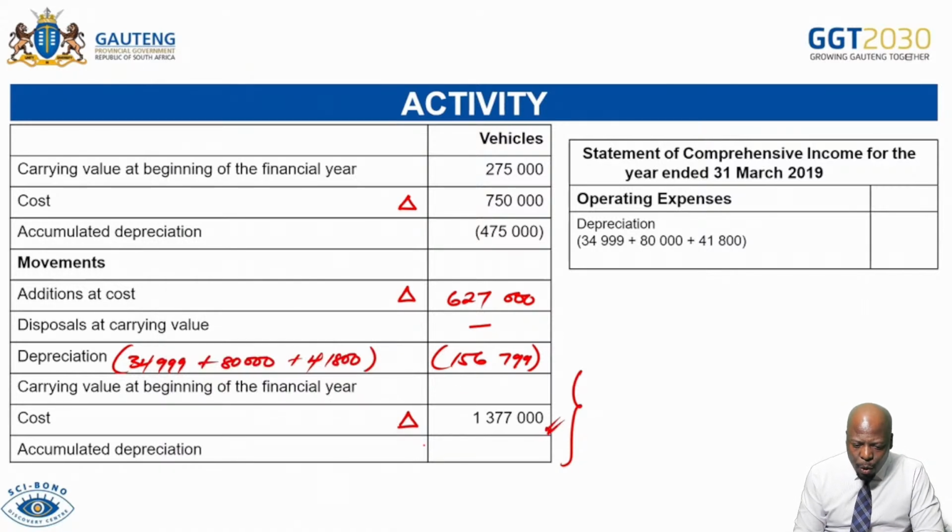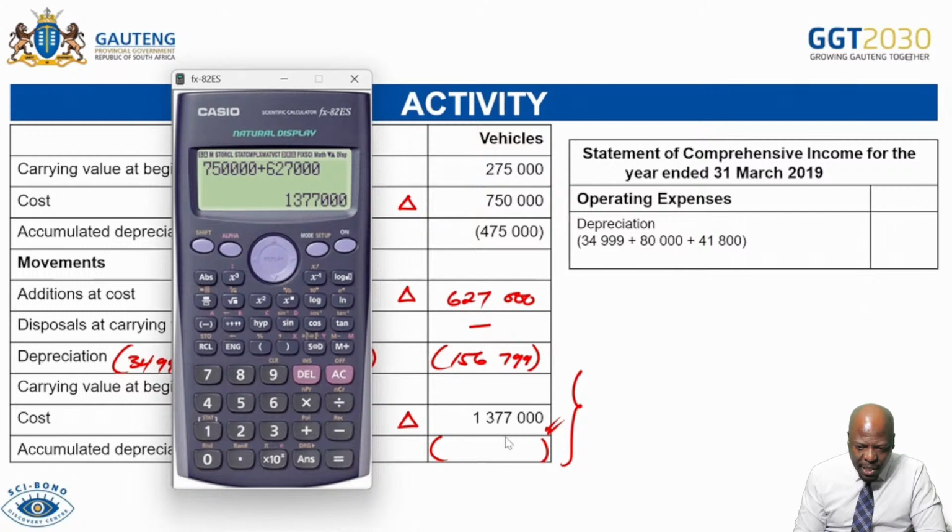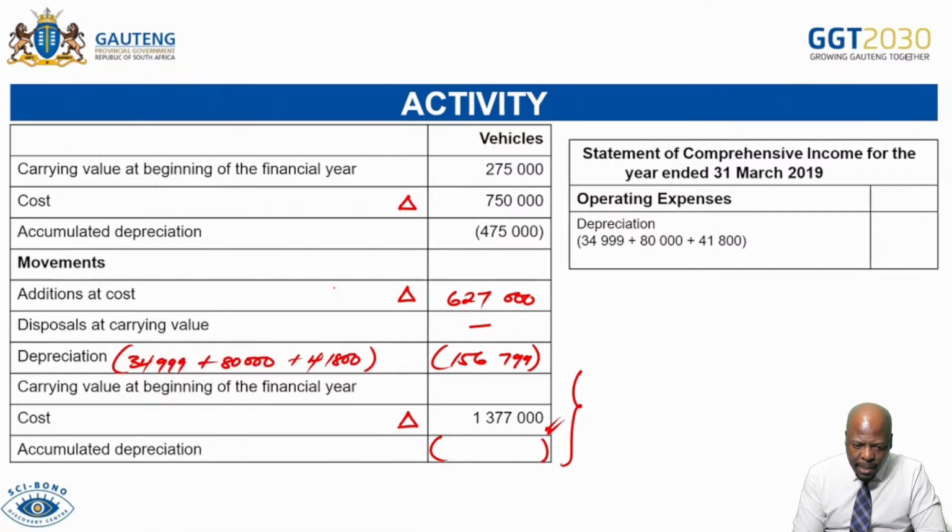Okay, let's go on. We want to get accumulated depreciation over there now. So let's get our adding machine again. Let's give it a sign now: the circle. Then we come to depreciation, and then we get our accumulated depreciation over there.